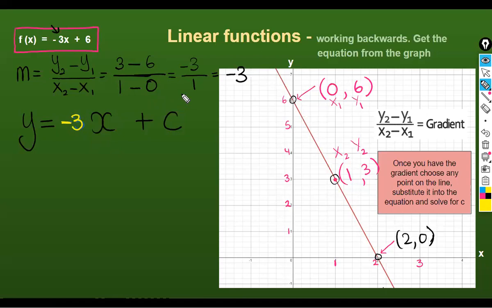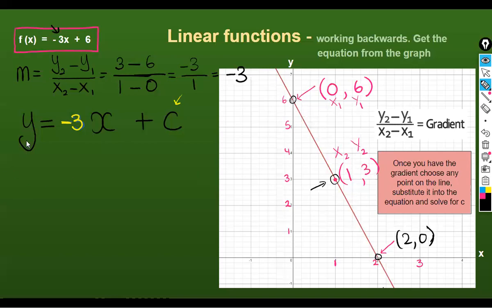We just need to find c. To find c, you choose any point on your line. I'm going to choose this middle one here, just to make it a little bit more difficult so we can understand it a little bit better. According to the point I am choosing, and I can choose any point, x is 2 and y is 3.